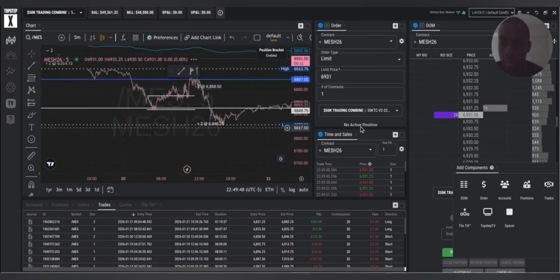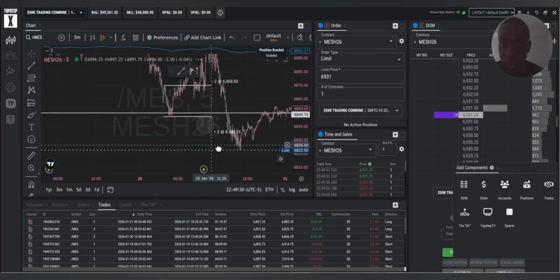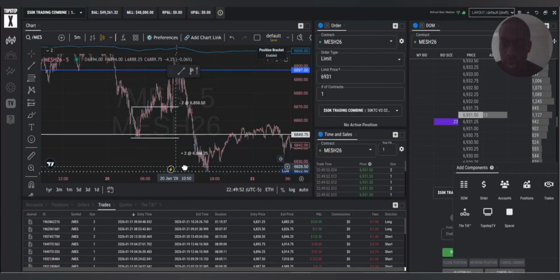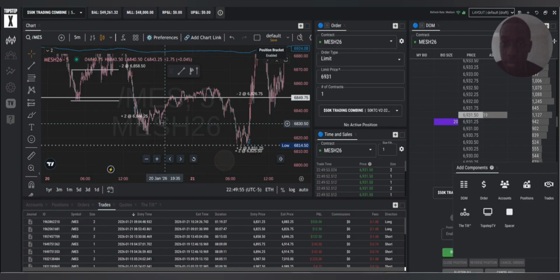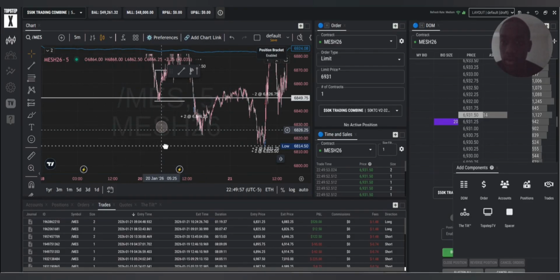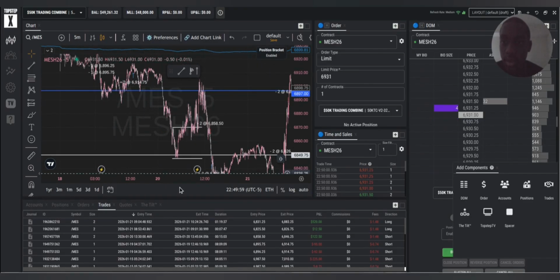I do not remember this happening, where I shorted here and bought back. I honestly do not remember this happening, chat.